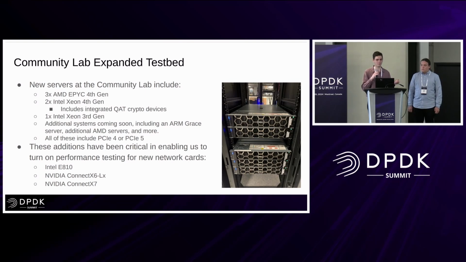So the members have combined with the DPDK project to add some AMD Genoa servers, some Intel Xeon 4th generation servers with integrated QuickAssist crypto devices, more AMD servers, a Xeon 3rd generation server. That allowed us to enable the Intel E810 100 gig card for performance testing, which was super awesome, and more. And an ARM Grace server will be showing up in a matter of days, and that's going to slide right in between those groups of servers right there.